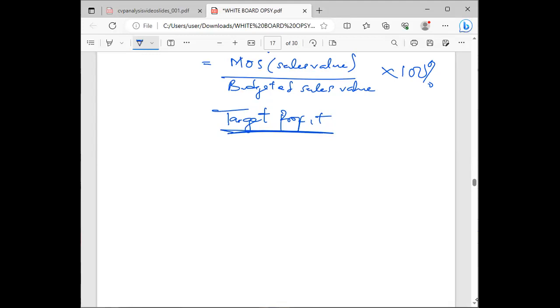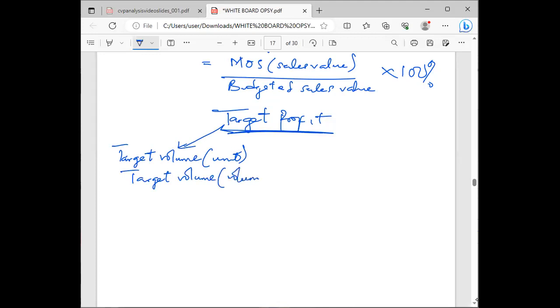For them to make a particular profit target in a financial year, management needs to know the amount of product they will need to sell in order to make that targeted profit. In essence, this targeted profit leads us to what is called target volume, which can be expressed in units and also in sales value.